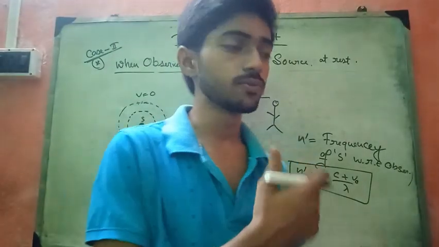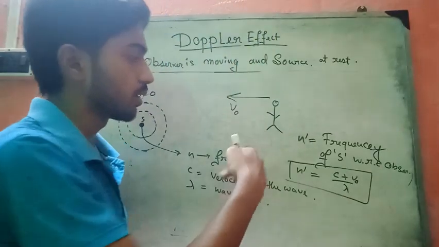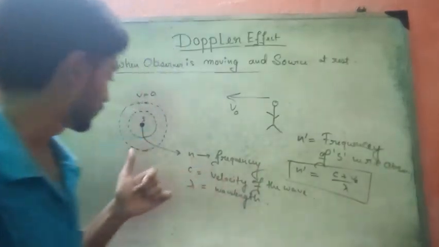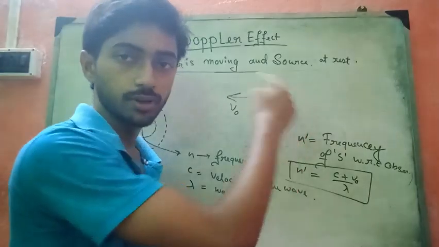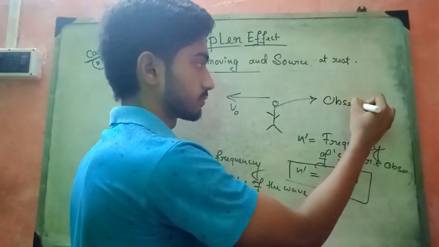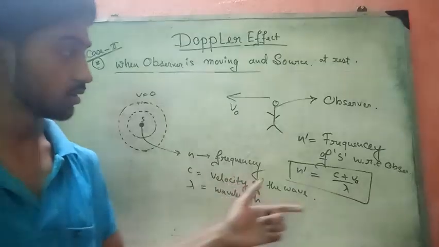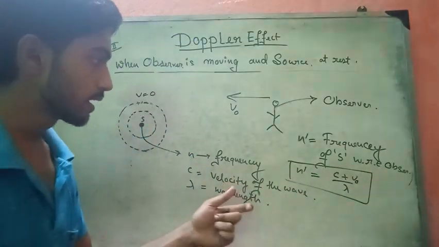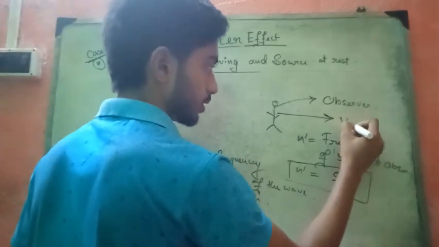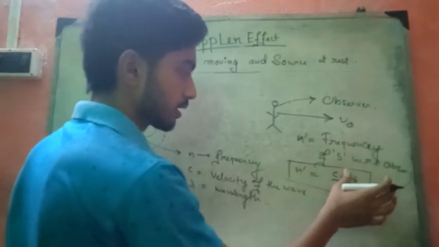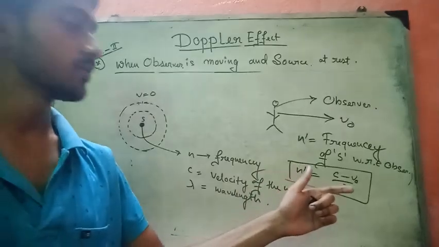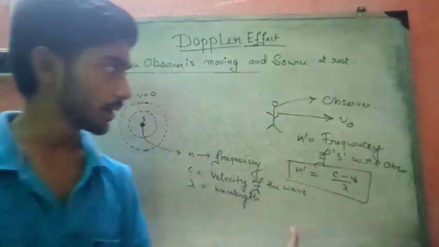Here as the velocity of the observer increases, the frequency of the source with respect to the observer increases, and when it moves away from the observer, the frequency with respect to the observer is c minus v naught by lambda.